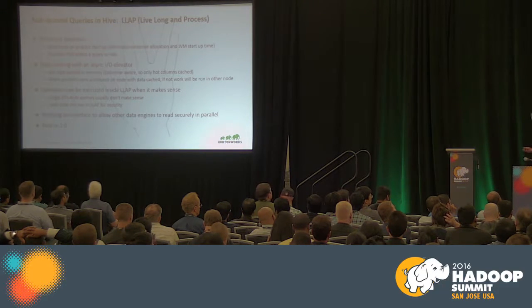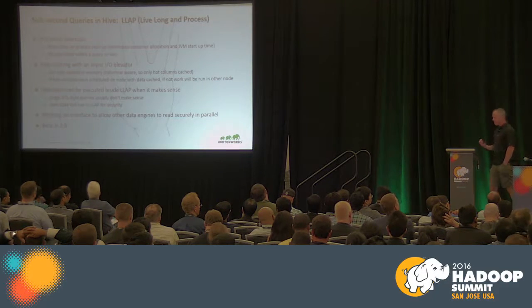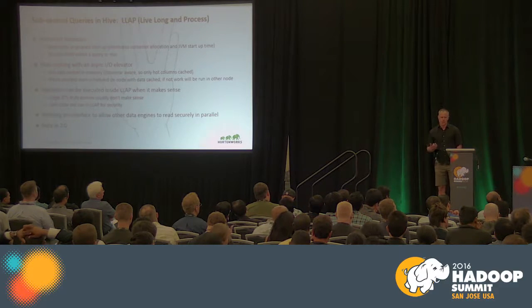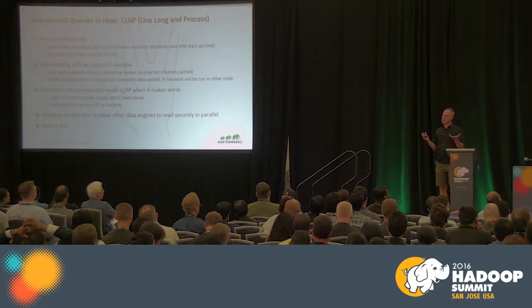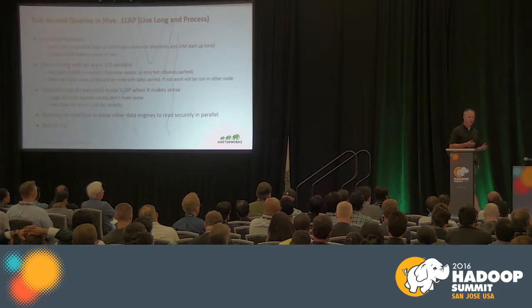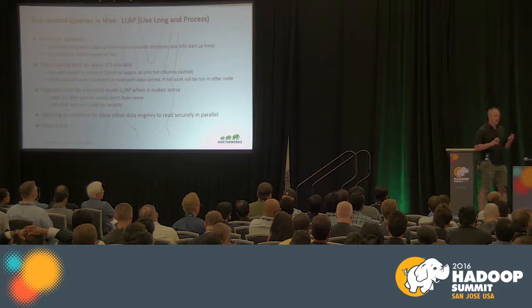Now, I want to be clear here that not everything makes sense to run through LLAP. This is very focused toward a certain type of query, which tend to be analytic queries where you're going to do some kind of star join, aggregate it, maybe sort it, and produce a small output set. That's kind of the classic use case for this.